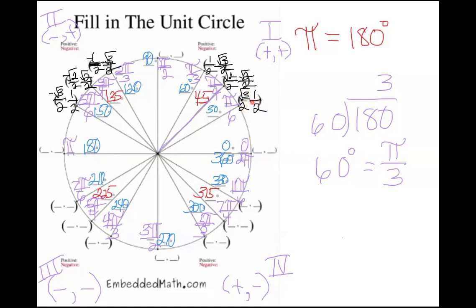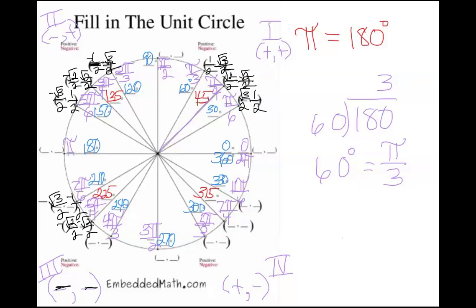It might not be the same sign, but they're going to be the same values without the sign. So it's still square root of 3 over 2 and 1/2. But if we notice down here, they're both negative, so those are both going to be negative. And for 225, our reference angle is 45, so it's negative square root of 2 over 2, negative square root of 2 over 2.